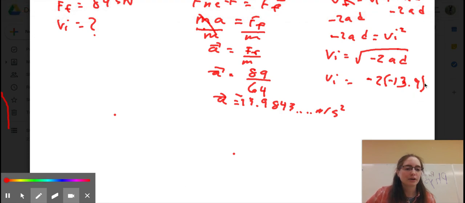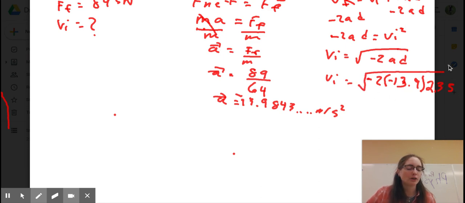Then I am going to square root the lot. Because that negative 2 and that negative 13 are both negative, a negative times a negative is positive, so therefore we can square root that.